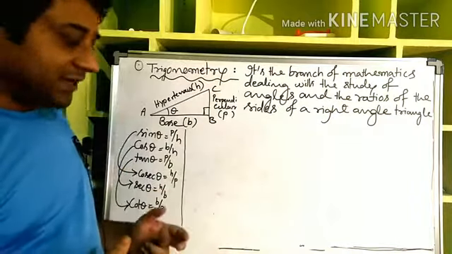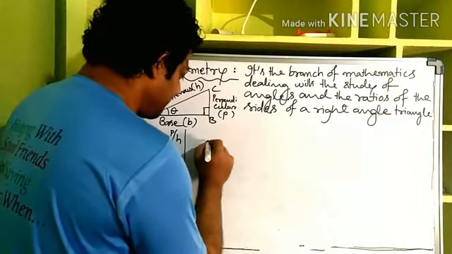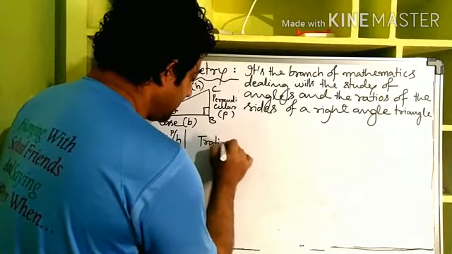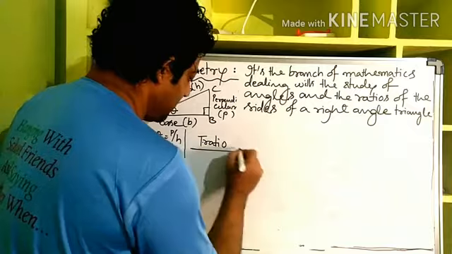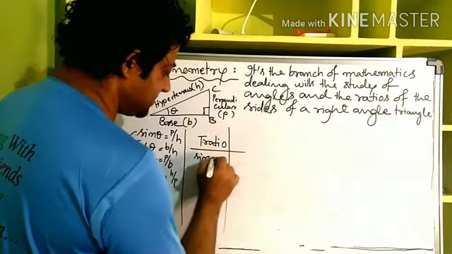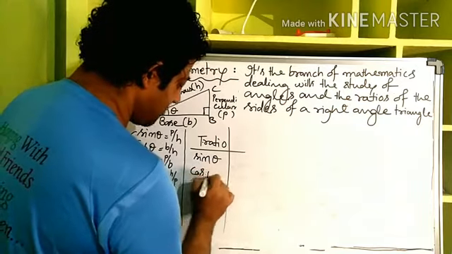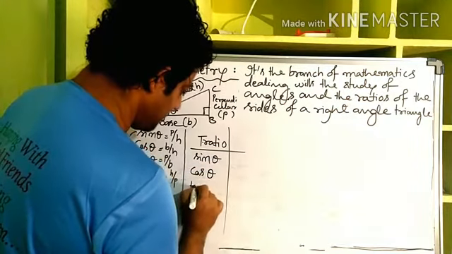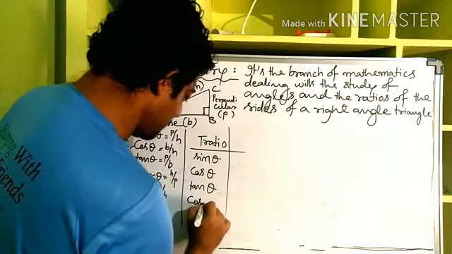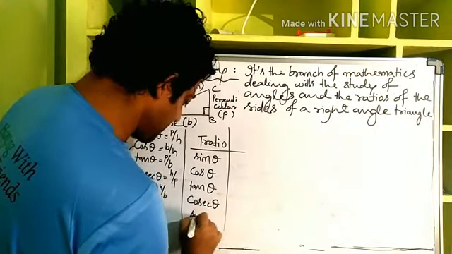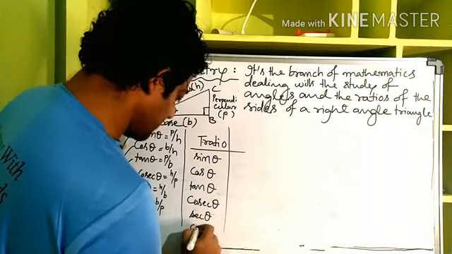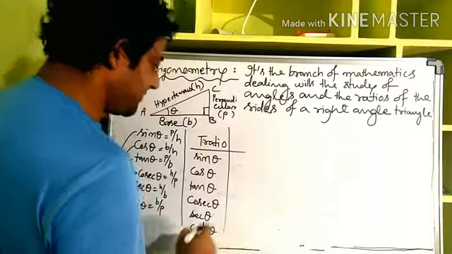How to remember them quickly? Let us see. T ratios: there are 6 ratios as I said: sin theta, cos theta, tan theta, cosec theta, sec theta, cot theta.